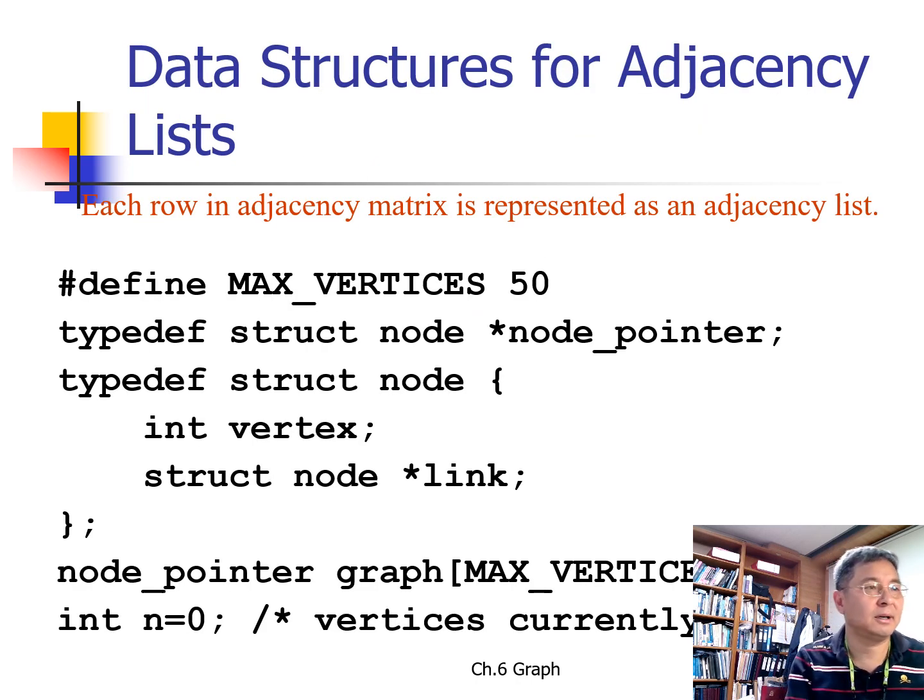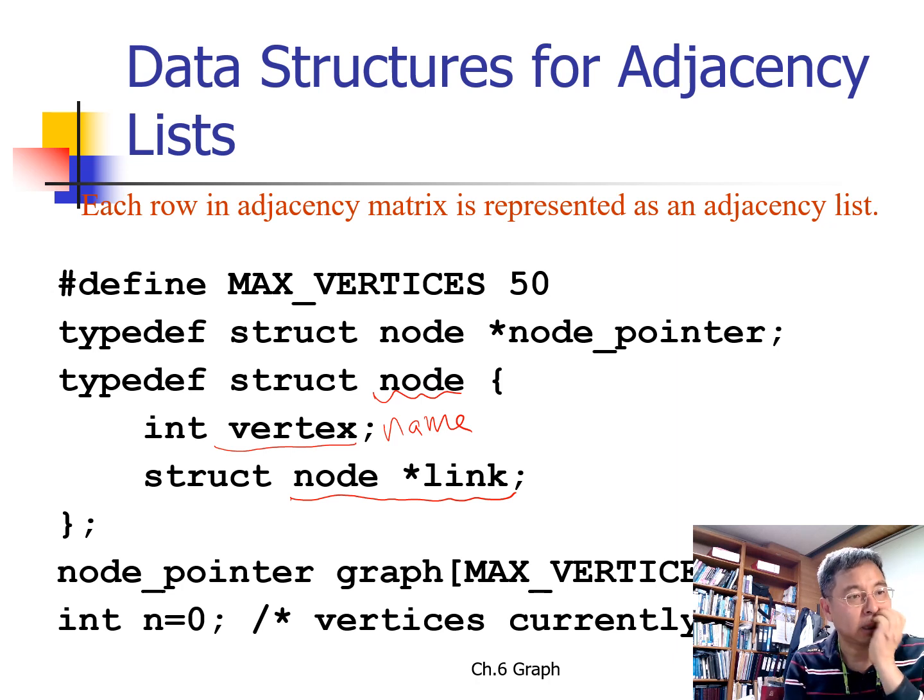Okay, this is how to represent a link node. So this is one node. This means the vertex name. And this is the next vertex link field, a self-referential link field.